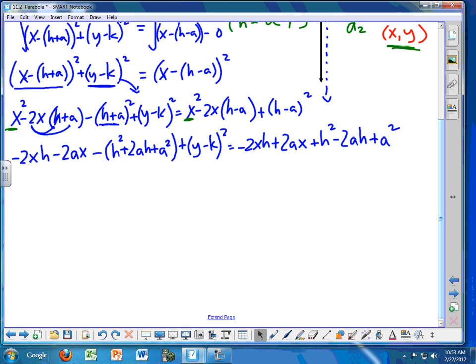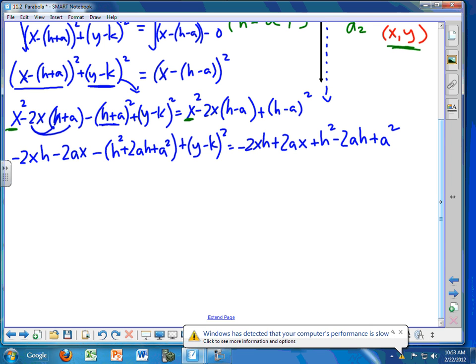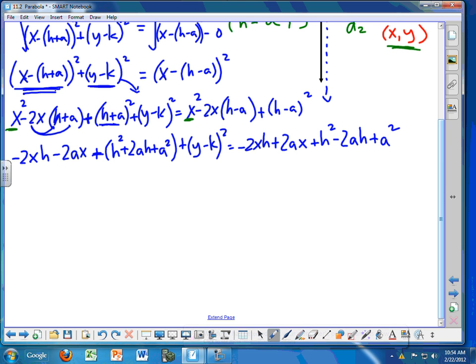Did I do that? Oh, I believe I have a little sign error right back here. I think this is supposed to be a plus. My fault on that. That's a plus right there because I'm squaring this binomial, so the middle term is negative, but the outside terms are positive there. Sorry about that. So that makes a plus there. So we'll notice plenty of things canceling here.